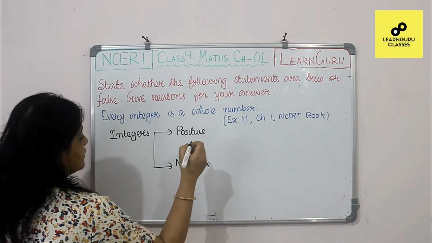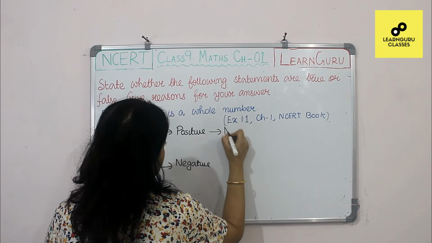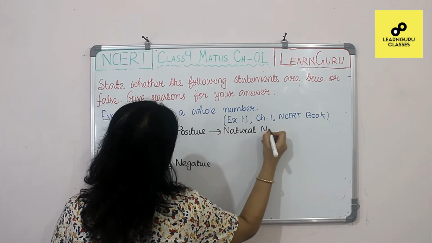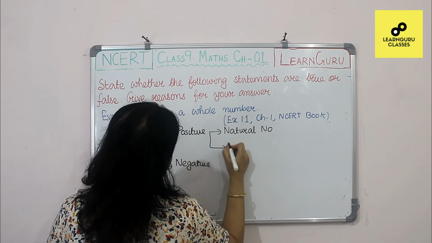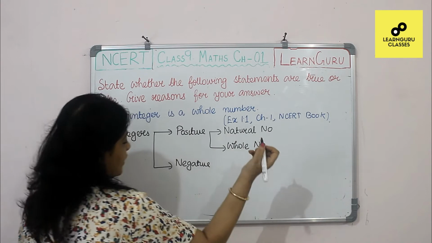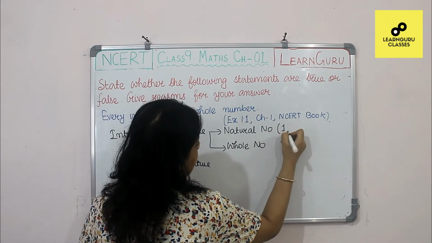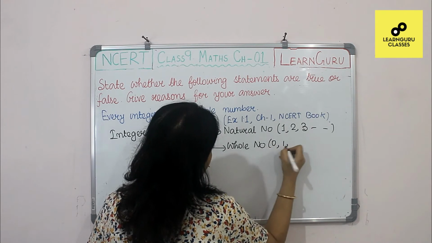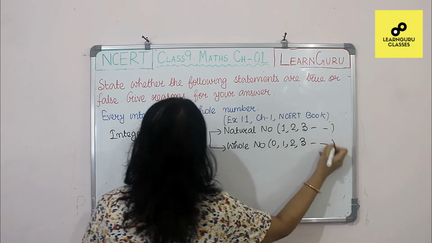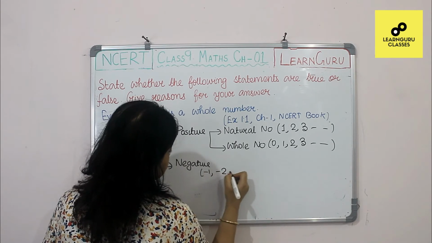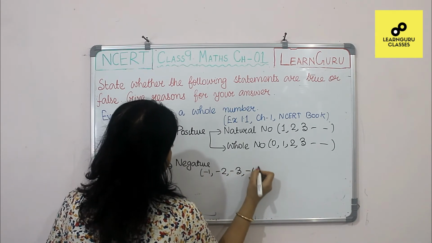Then positive integer is again divided into natural number and whole number, isn't it? So write down what are the natural numbers: 1, 2, 3, and whole numbers 0, 1, 2, 3. Negative integers are -1, -2, -3, -4.